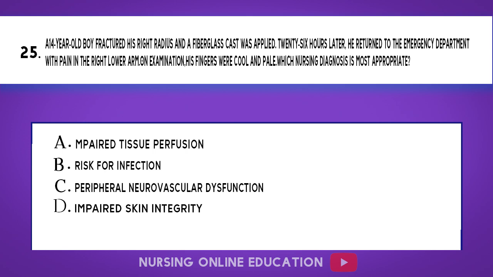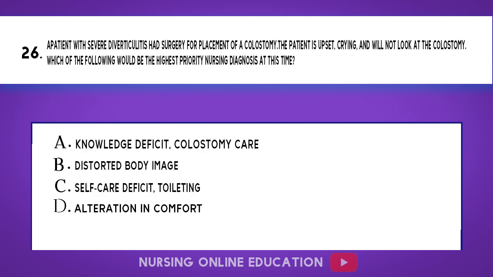A. Impaired tissue perfusion, B. Risk for infection, C. Peripheral neurovascular dysfunction, D. Impaired skin integrity. The answer is option A, impaired tissue perfusion.